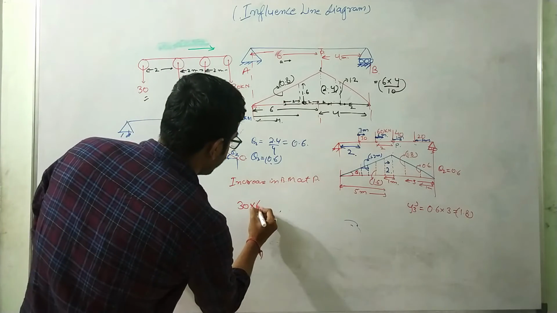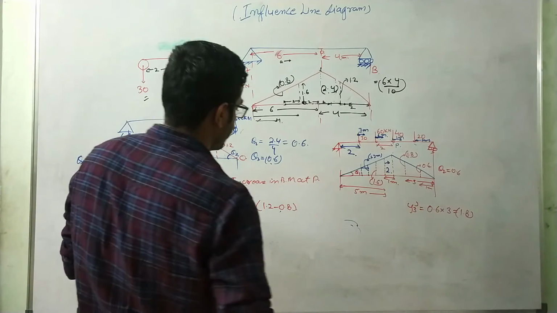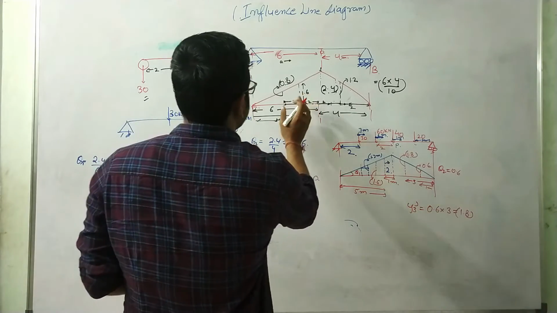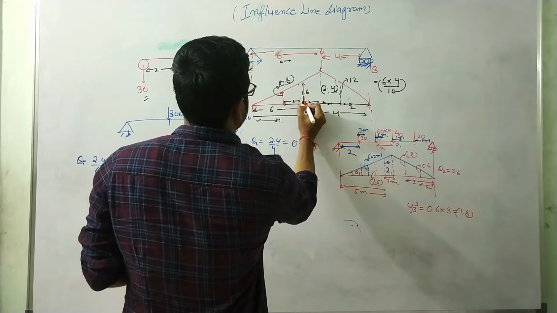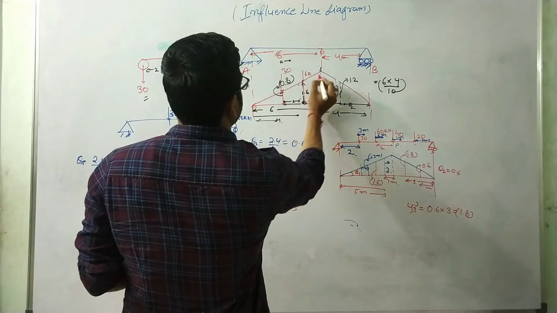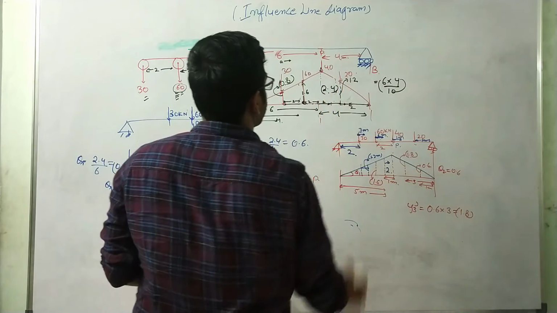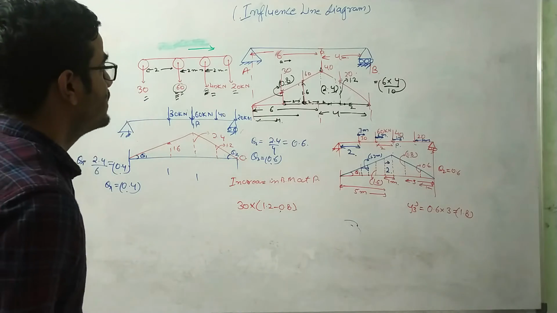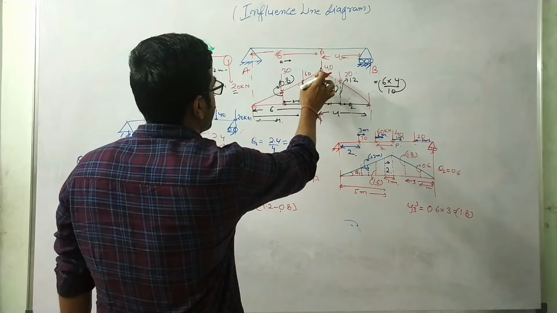So I can write it like this: 1.2 minus 0.8. Okay, this is our initial condition. This is the initial condition when 40 kilonewton load is acting.